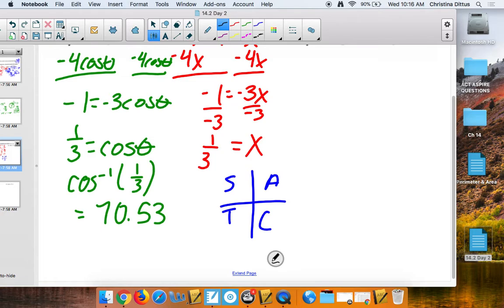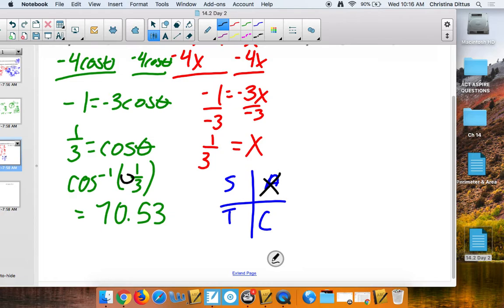Yeah, everything's positive in quadrant 1. So I have my angle that's positive in quadrant 1. What other quadrant is cosine positive in? In 4. I know I wanted positive because this is positive. It's also positive in quadrant 4.